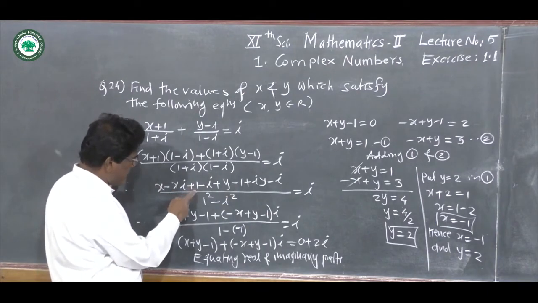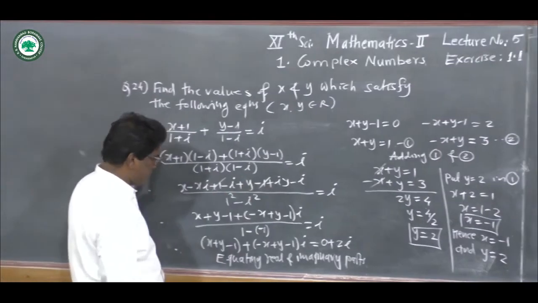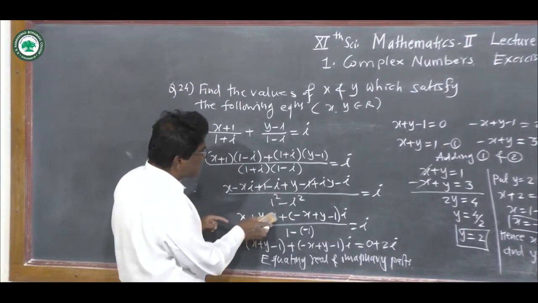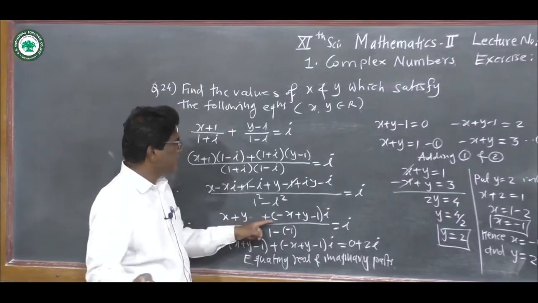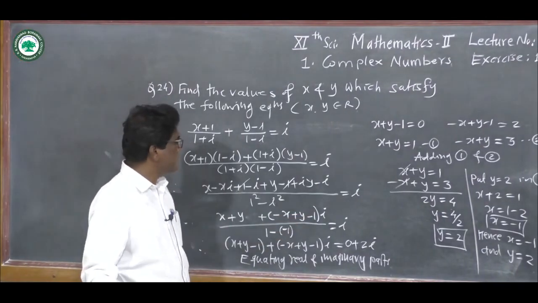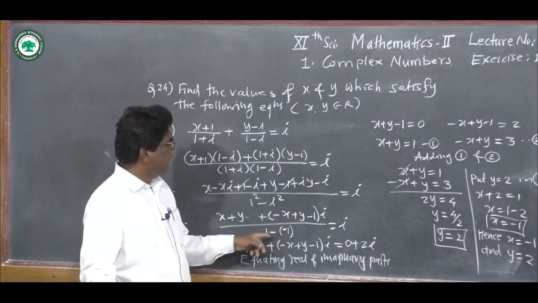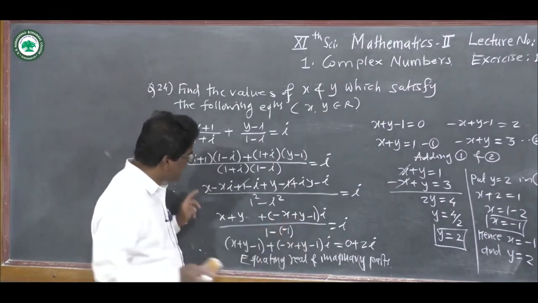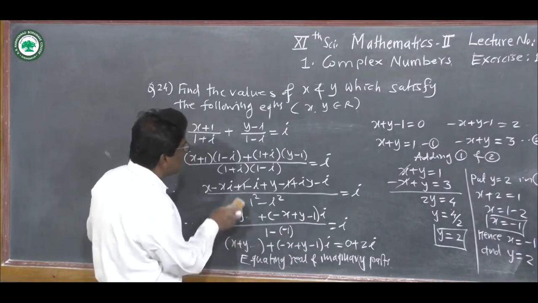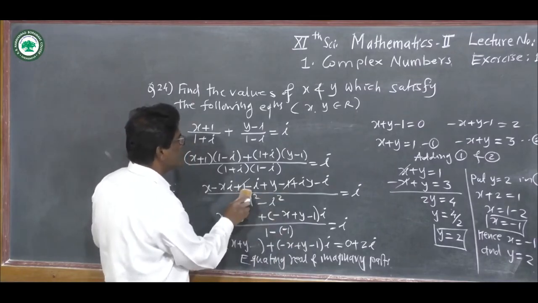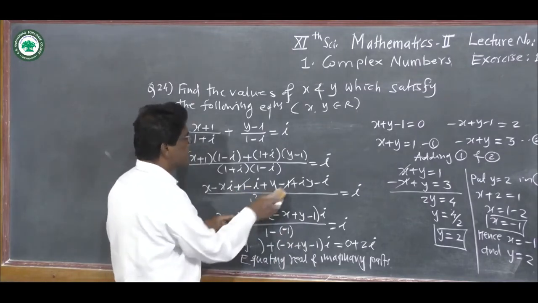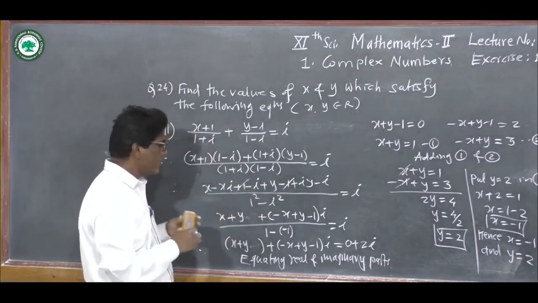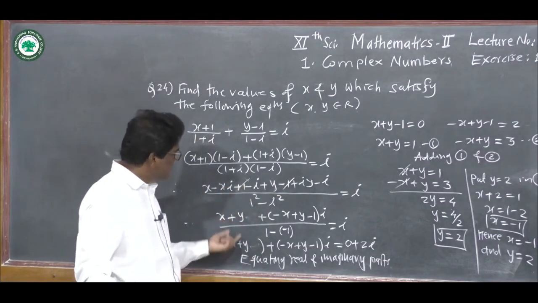This plus 1 and minus 1 get cancelled. So here x plus y in the bracket minus x plus y minus 1 into i, divided by 1 minus minus 1, is equal to i. Here we consider x plus y and this minus 1, but we have to consider this plus 1 also.